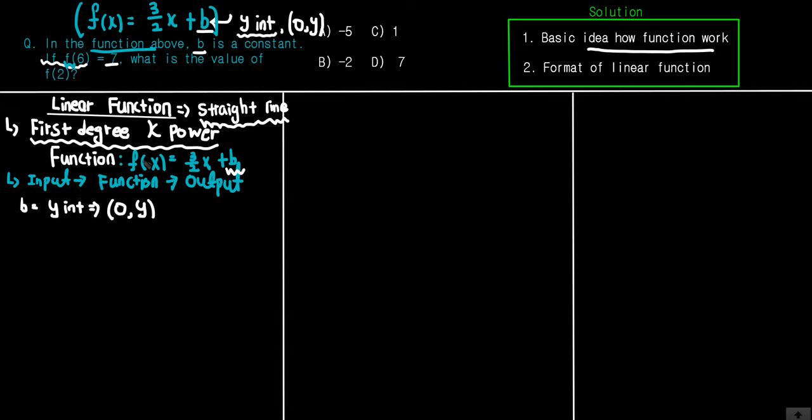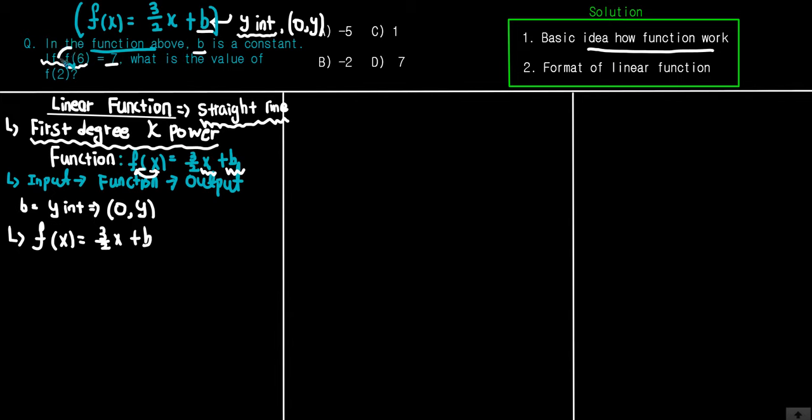We can think that if we input some value to the factor of our function, which is x, we also need to input the value into our equation, and we can see what gives us the value of b. After we write our function down, f of x is equal to 3 over 2x plus b.